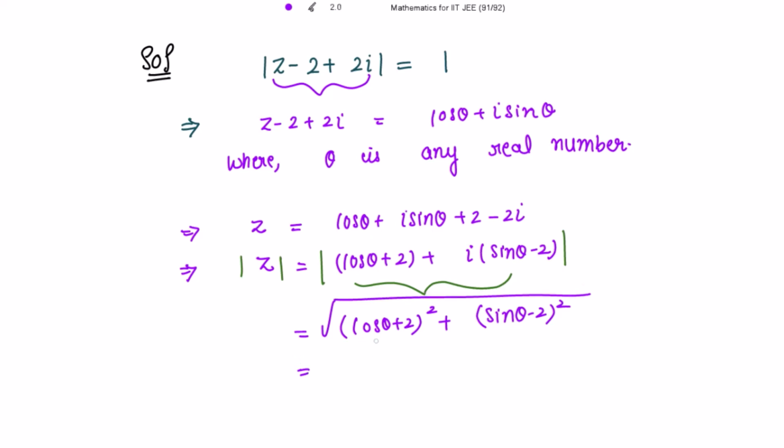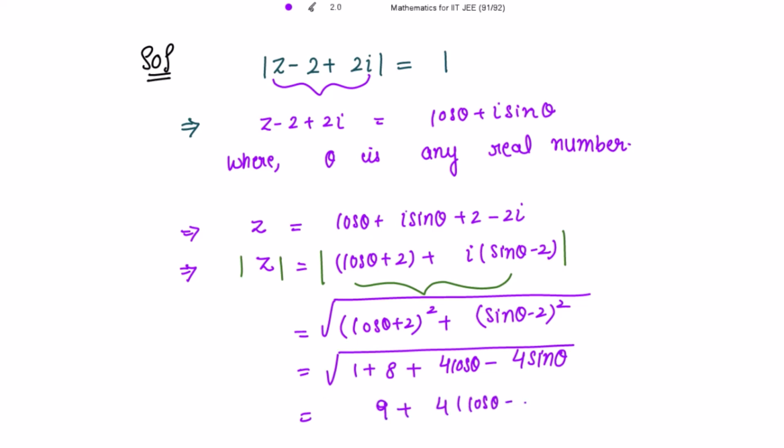From here I'm getting cos square theta, and from here I'm getting sine square theta, that is equal to 1, plus this is 4, and from here also I'm getting 4, so that is 8, plus from here I'm getting 4 cos of theta, and from here I'm getting negative 4 sine of theta under the root, which is further equal to 9 plus 4 into cos of theta minus sine of theta.